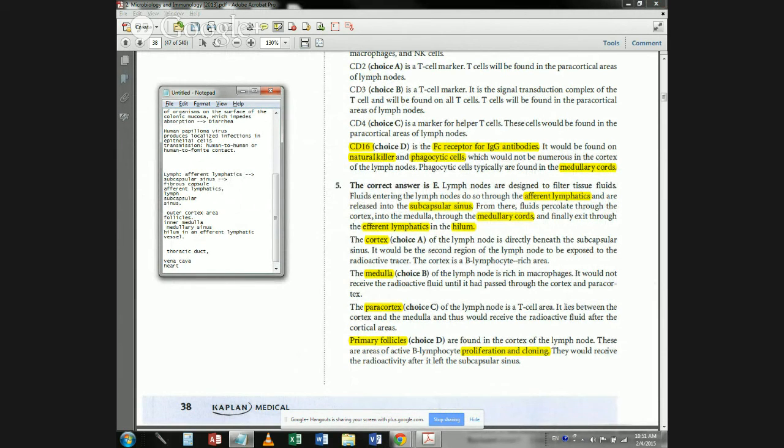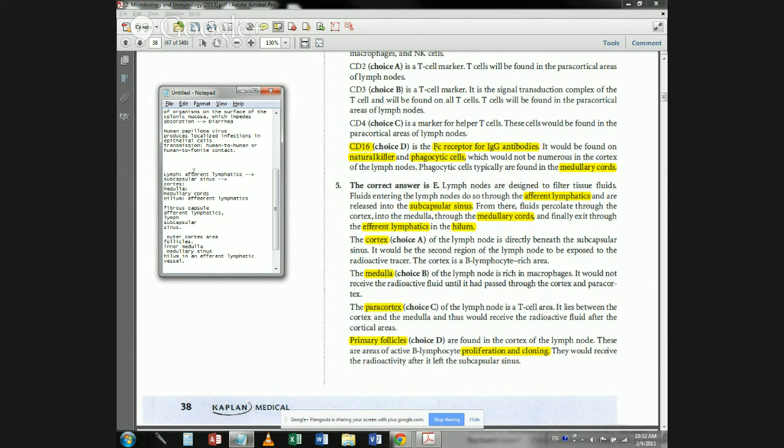From there, it goes into the cortex, and then the medulla and medullary cords, then efferent lymphatics, the hilum, which has efferent lymphatics.